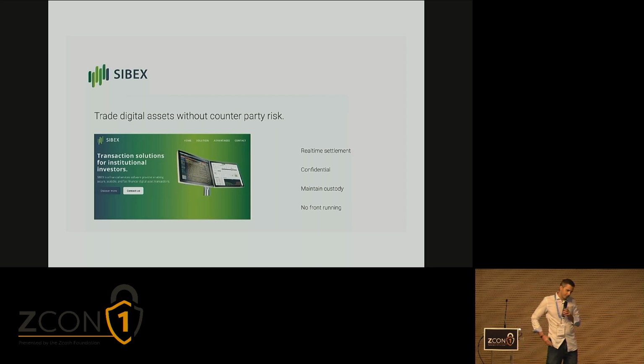And here's why. My new project is called Cybex, and this is a product for professional traders, and it helps them to trade digital assets without counterparty risk. It also gives them other benefits like real-time settlement. Privacy is actually quite important to professional traders, OTC traders especially.